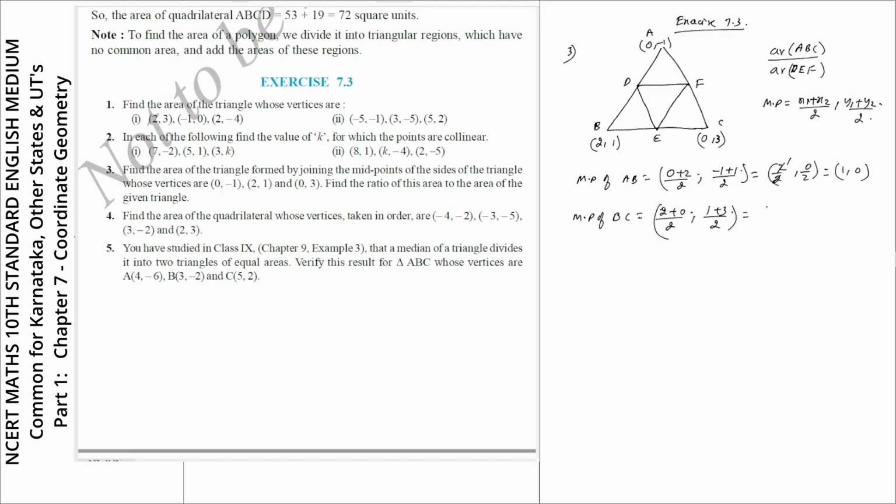So this is equal to 2 by 2, comma 4 by 2. So 2 1s are 2, here 2 2s are 4. So 1, 2 is the coordinate of E.